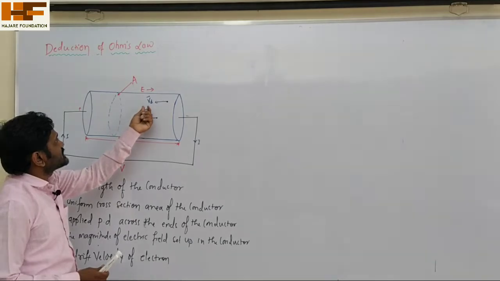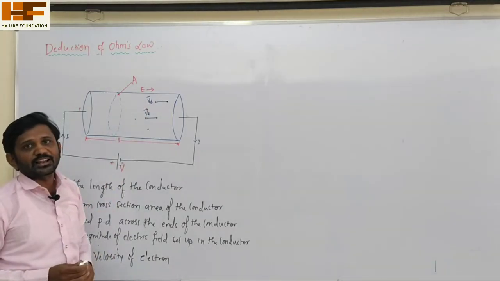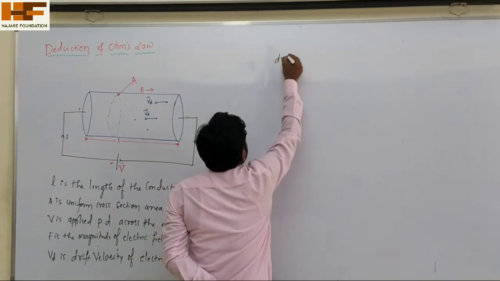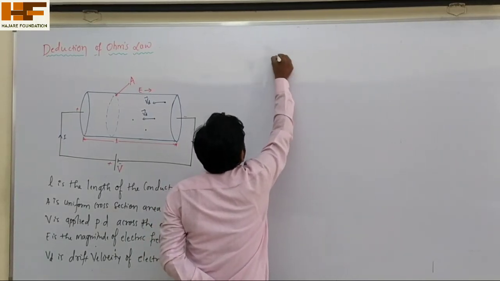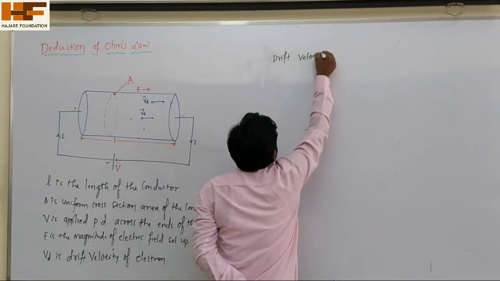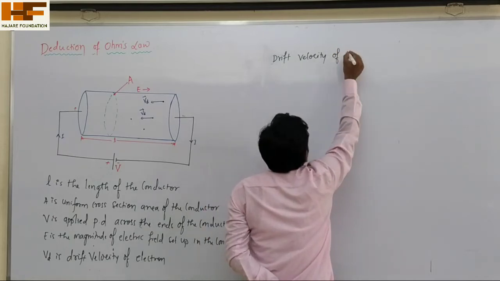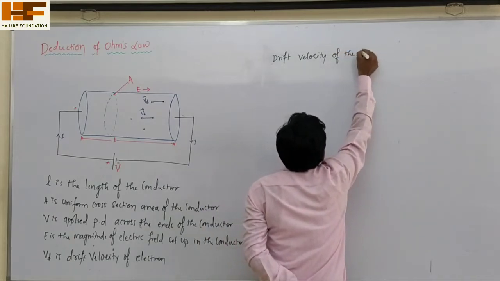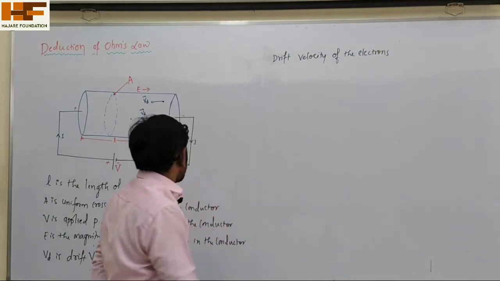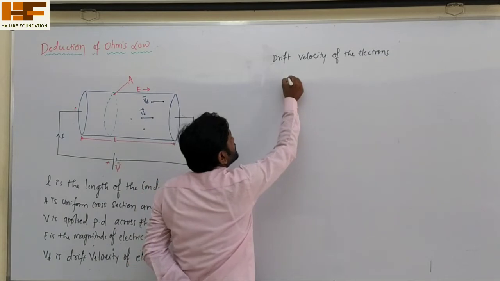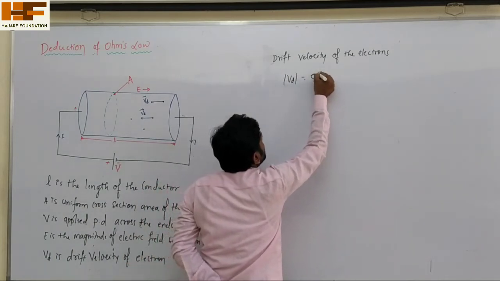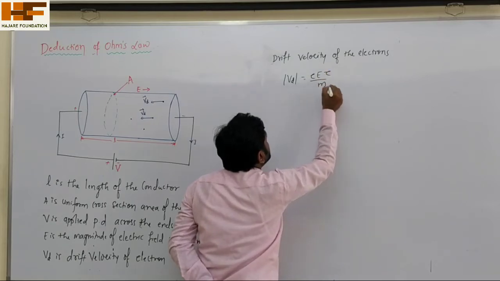Already we know the drift velocity of the electron. What is the drift velocity of the electrons? The magnitude of the drift velocity, v_d, is equal to e tau E upon m.